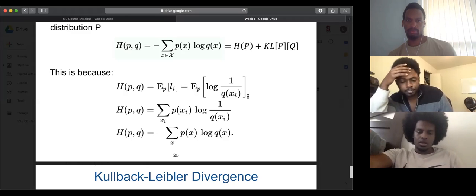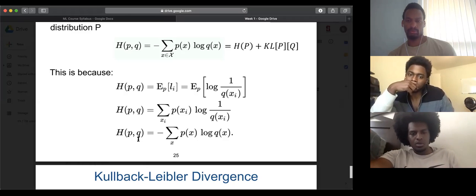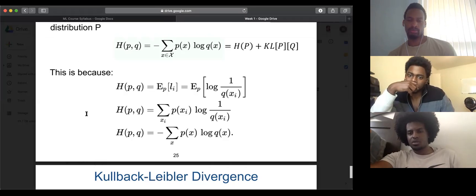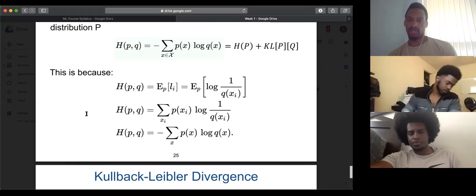Okay. Yeah, and so you'll end up with this at the bottom. It's the negative sum of the probability of X occurring, times the log of Q of X. So this makes sense intuitively. I think I see the math, but I still don't get why Li is equal to log of 1 over Qi.